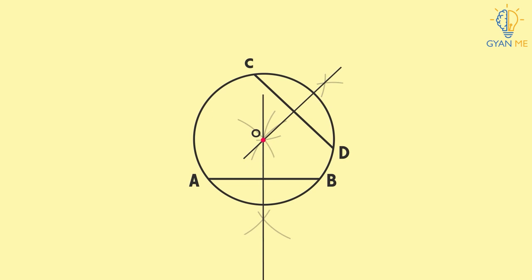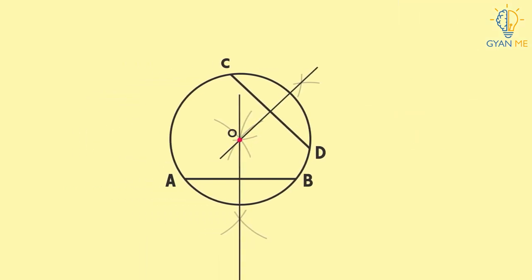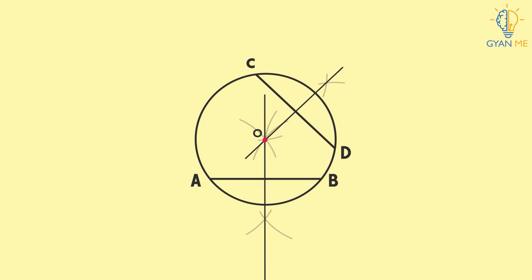Point O, at which these bisectors intersect, will be the center of this circle. This is because the perpendicular bisector of any chord passes through the center, and two such bisectors will always intersect at the center of the circle. Therefore, here point O, where the two bisectors are intersecting, will be our required center.